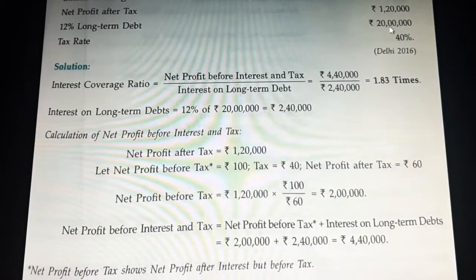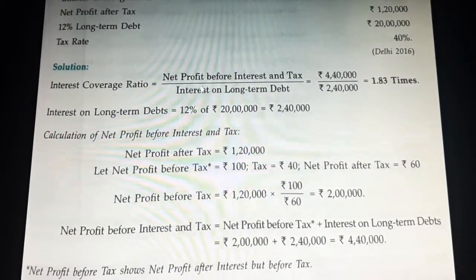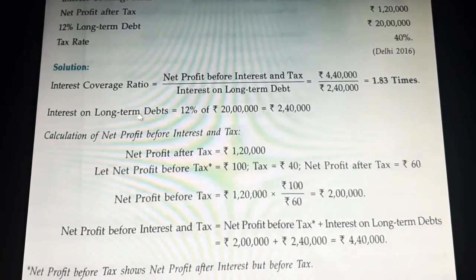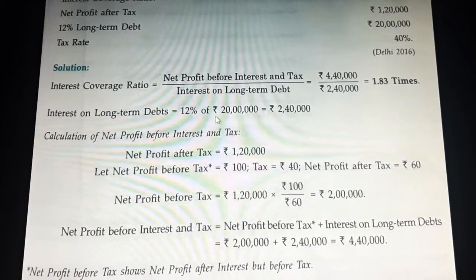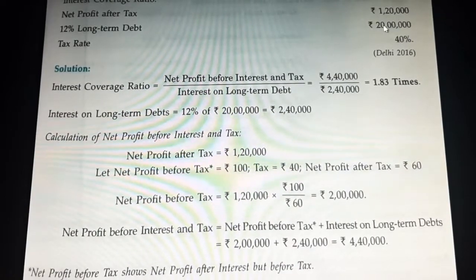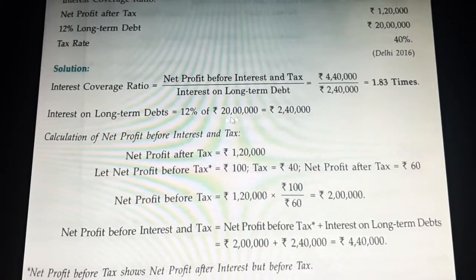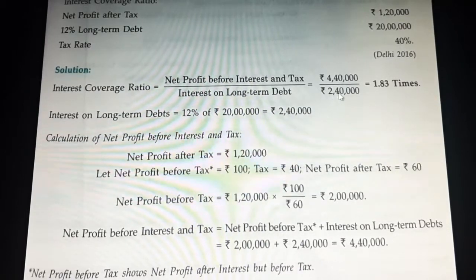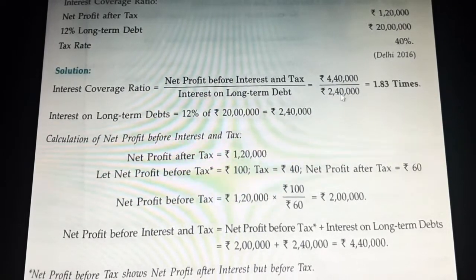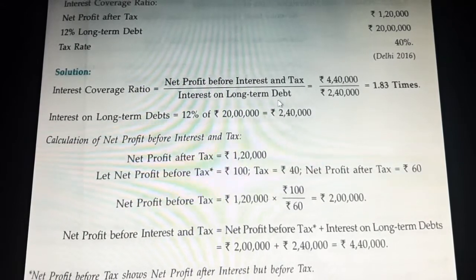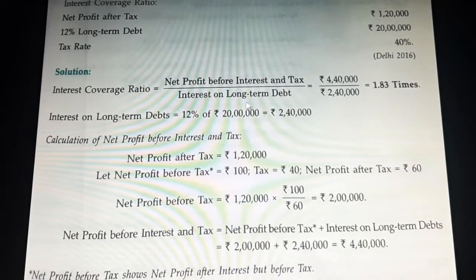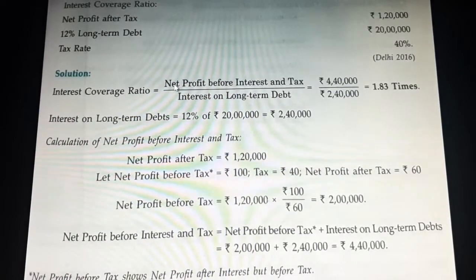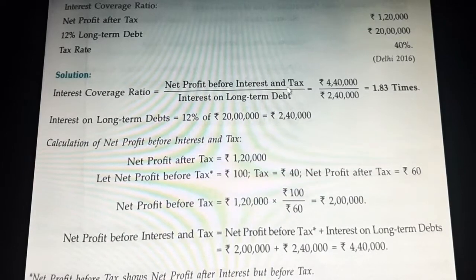So on 20 lakh, calculate 12%, you will get interest on long-term debt. Interest on long-term debt is equal to 12% of 20 lakh. So this is your 20 lakh, and 12% of that will give you 2,40,000 that you have to write over here. This is the bottommost part of your formula, that is the amount you have received, that is interest on long-term debt.